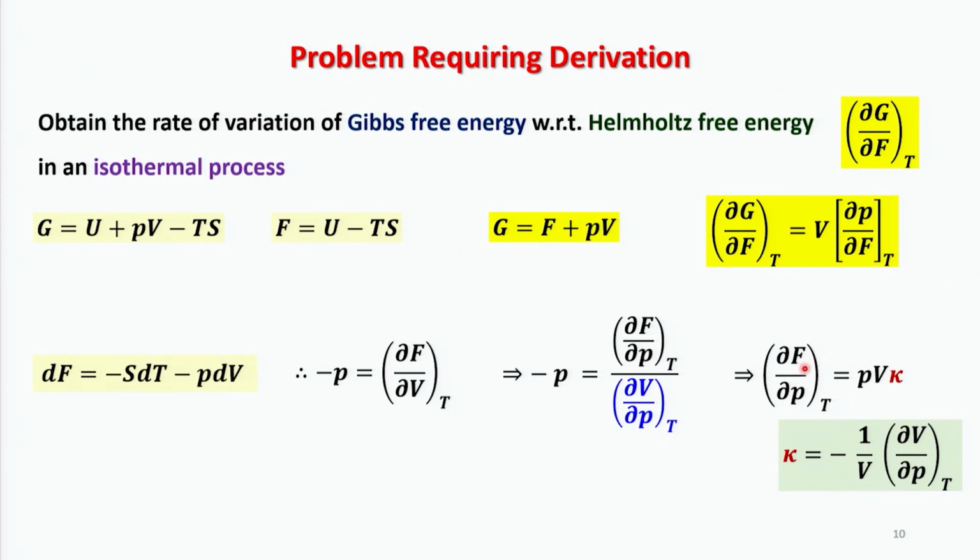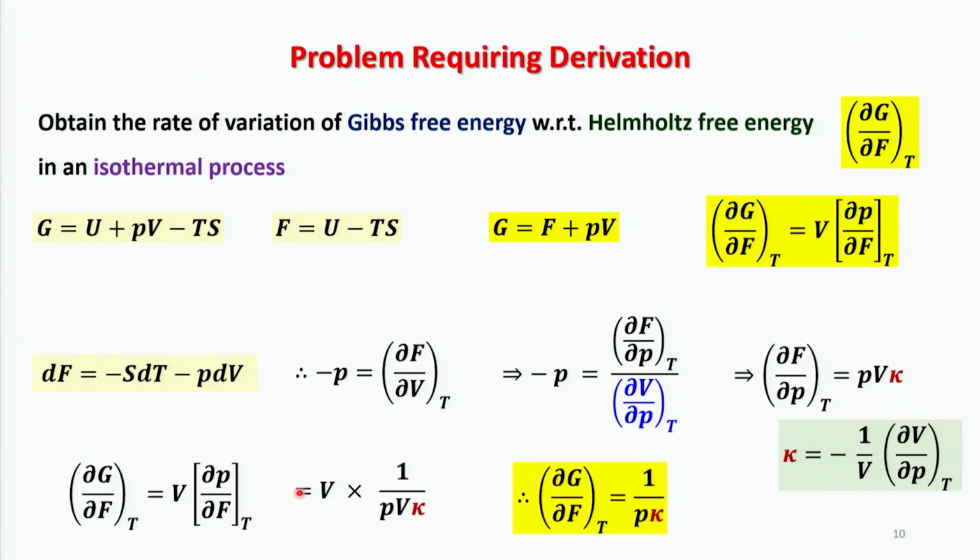I have (∂F/∂P) at constant T. So, which property from partial differential calculus am I going to use? I am now going to use the inversion property, and when I do this, I get a very simple expression: (∂G/∂F) at constant T is equal to 1 by P into kappa.